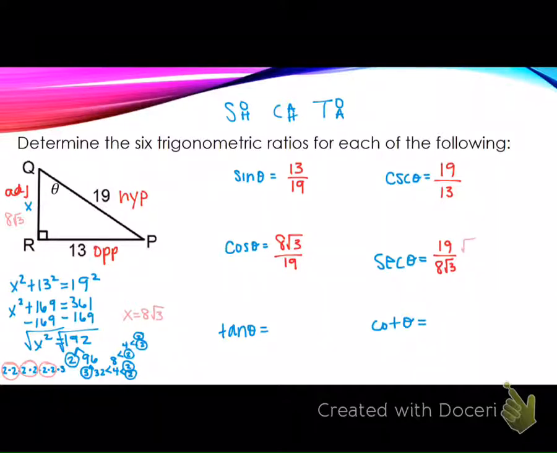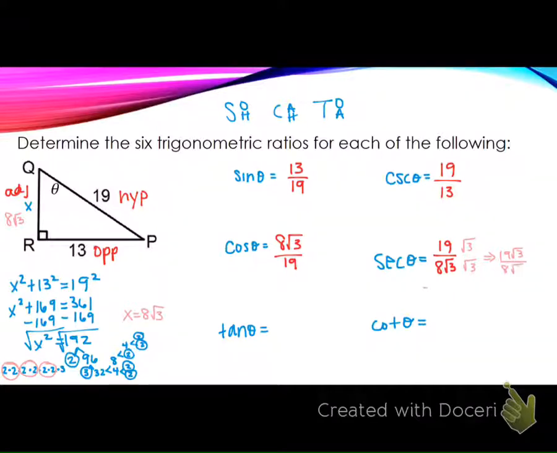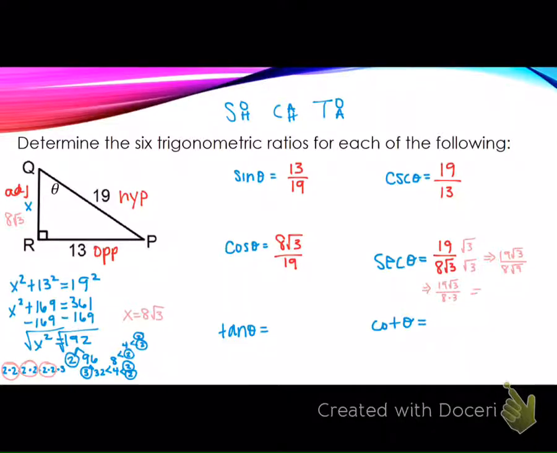Good. What's the square root of 9? 3, so we have 19 root 3 over 8 times 3, which is 19 root 3 over 24. Do 19 and 24 simplify? No.